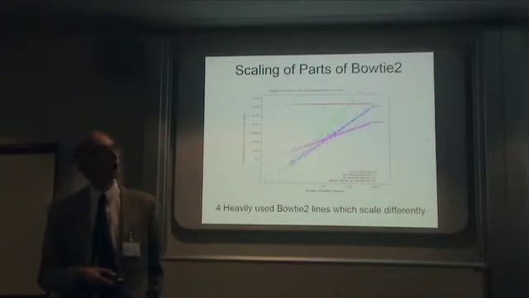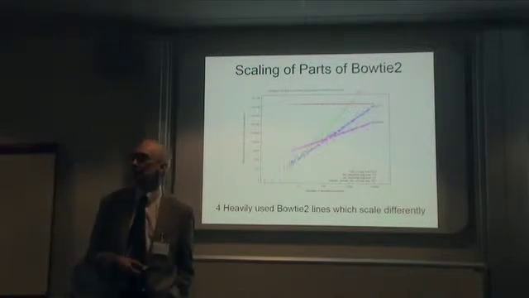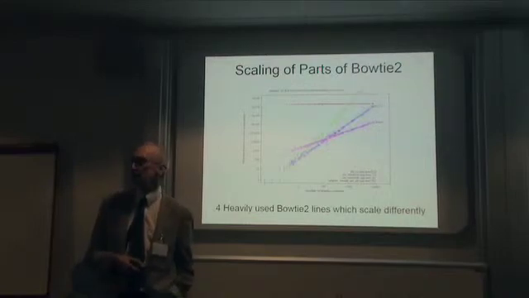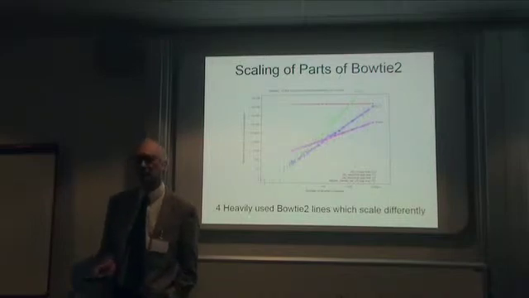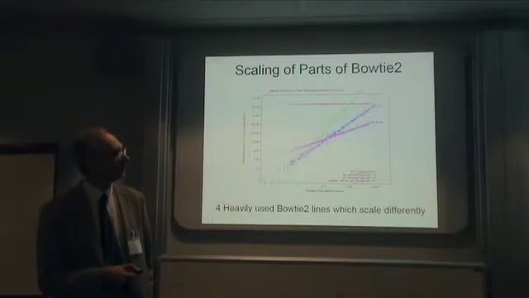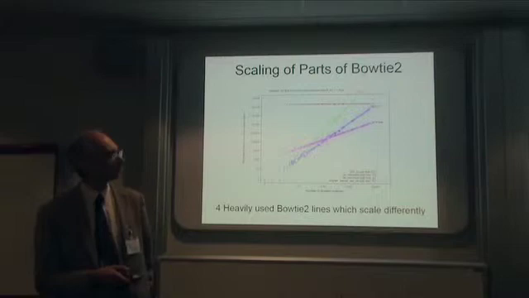It makes sense because it's a line of code in the initialization of Bowtie 2 which reads in the human genome. Every time you run Bowtie 2, you're going to need a copy of the human genome, so every time it's run, approximately 200 million times that line of code is used.